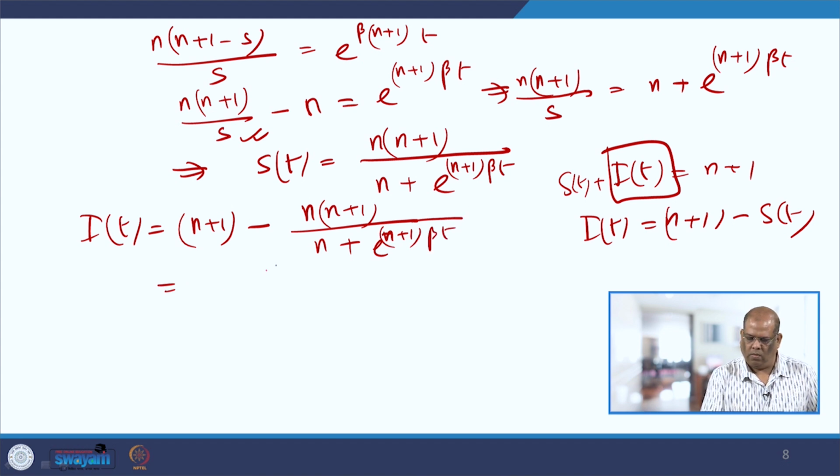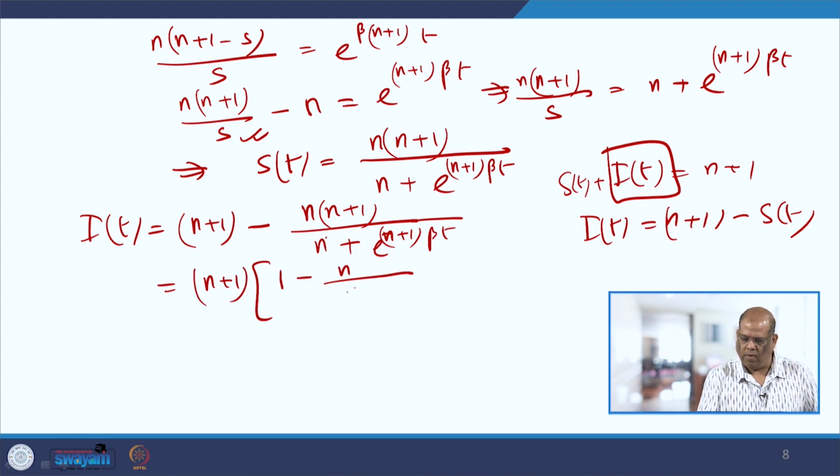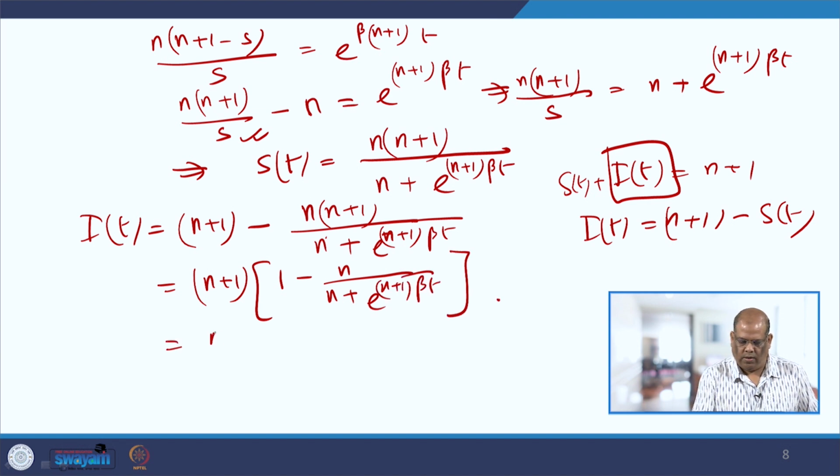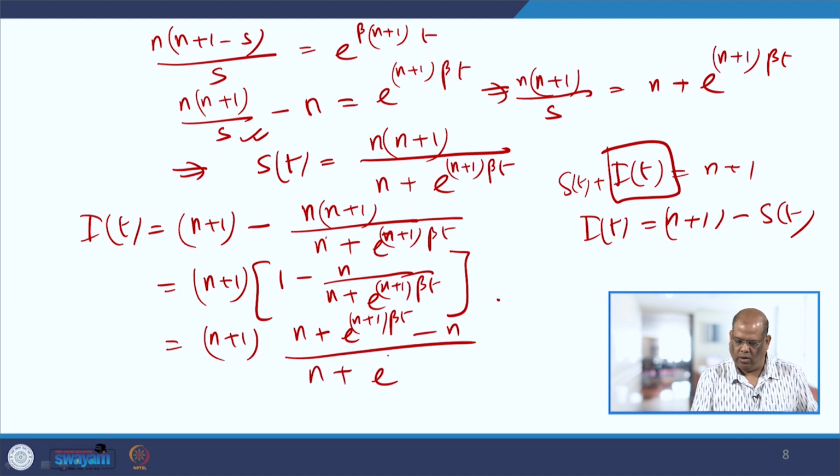So, I can take n plus 1 common: 1 minus n by (n plus e to the power (n plus 1) into beta t). If I simplify, I will get (n plus e to the power (n plus 1) beta t minus n) divided by (n plus e to the power (n plus 1) beta t).